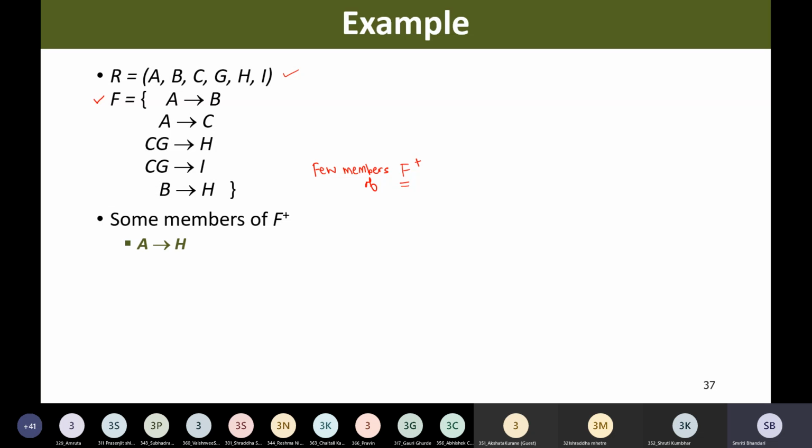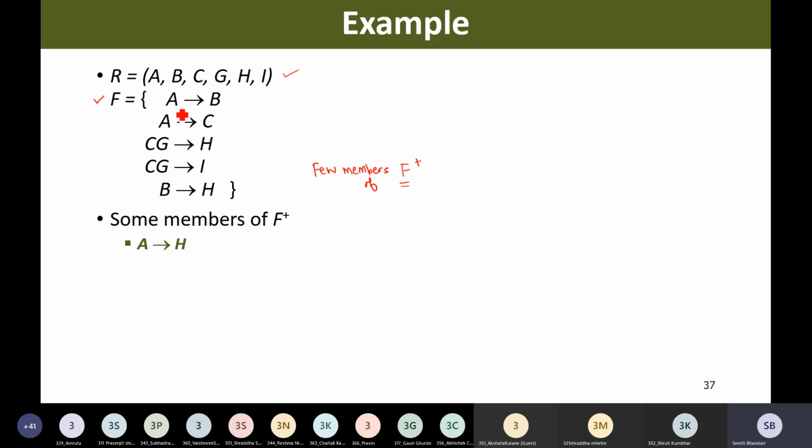See, we may come up with a new dependency like A determines H. How are we coming up with this new functional dependency that would be a member of our F plus, that is the closure of F? How are we computing this A determines H?